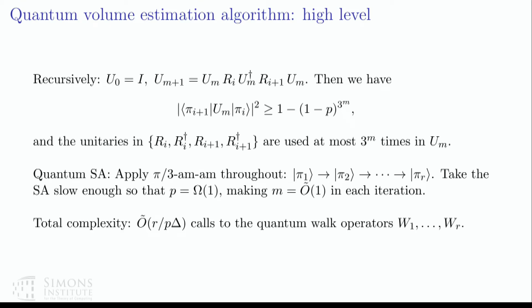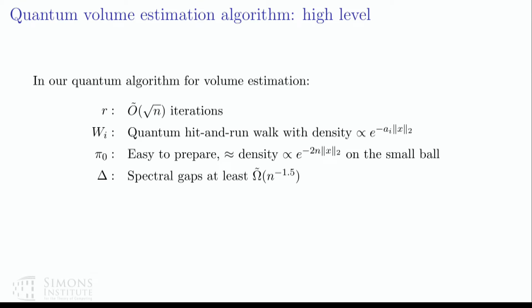The total complexity for this framework is going to be r over p times delta, where delta is the spectral gap of all the quantum walk operators, and p is the overlap between consecutive stationary states.